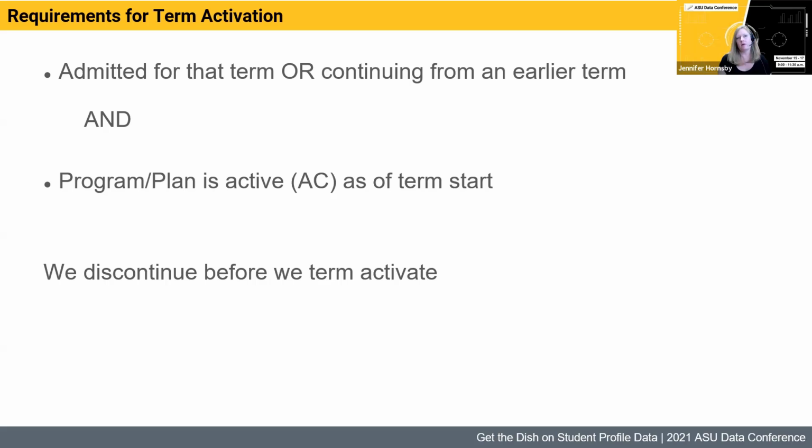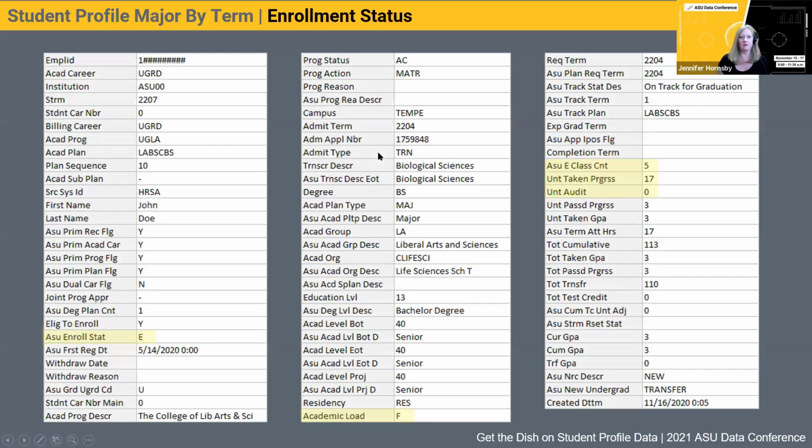So the students who were admitted and didn't enroll or haven't been enrolled in so long that they don't meet the continuous enrollment requirements for their program are discontinued and they're no longer active, and that prevents them from being term activated, which prevents them from being able to enroll without being admitted again. So understanding all of that would help knowing when you're using these tables, what's included and what's not, and whether these tables are good for your purpose.